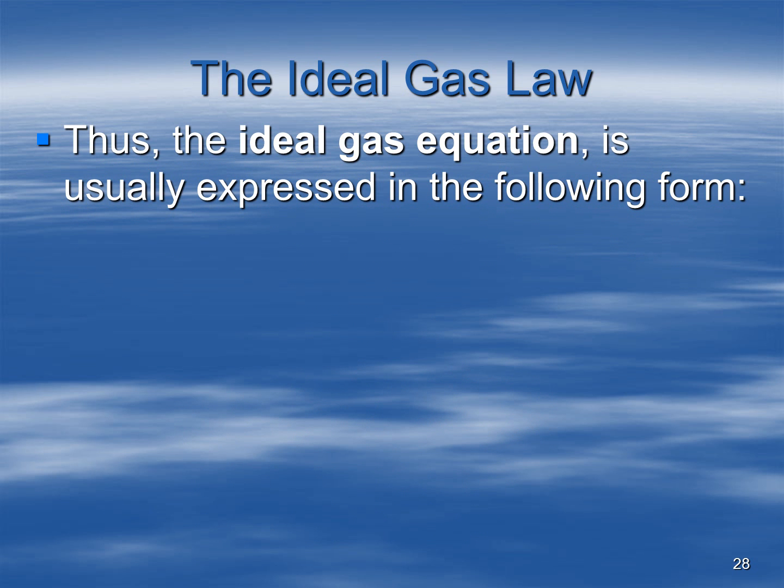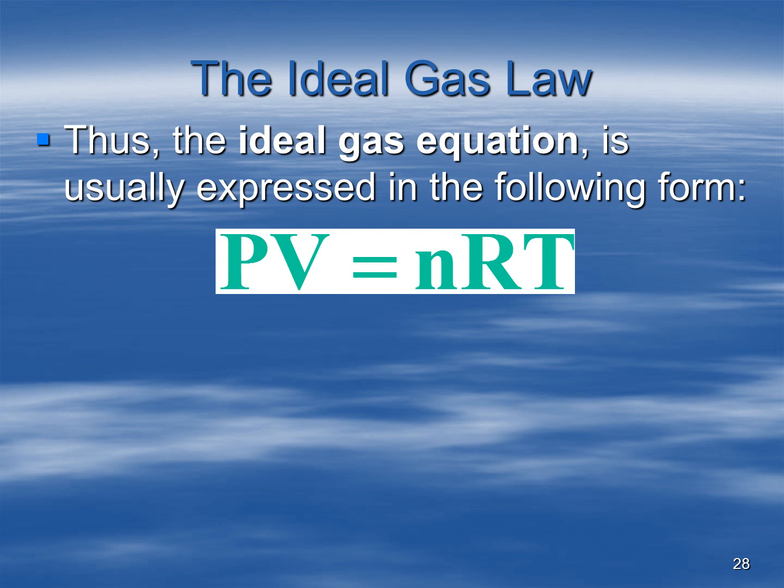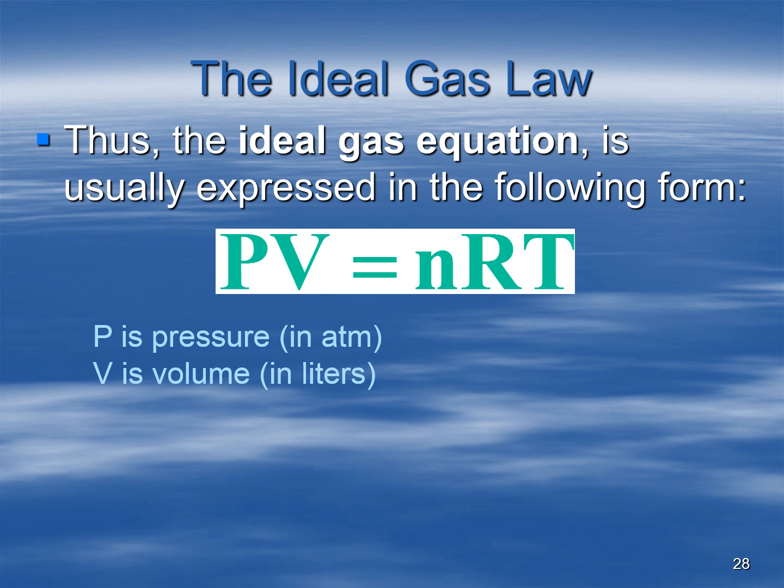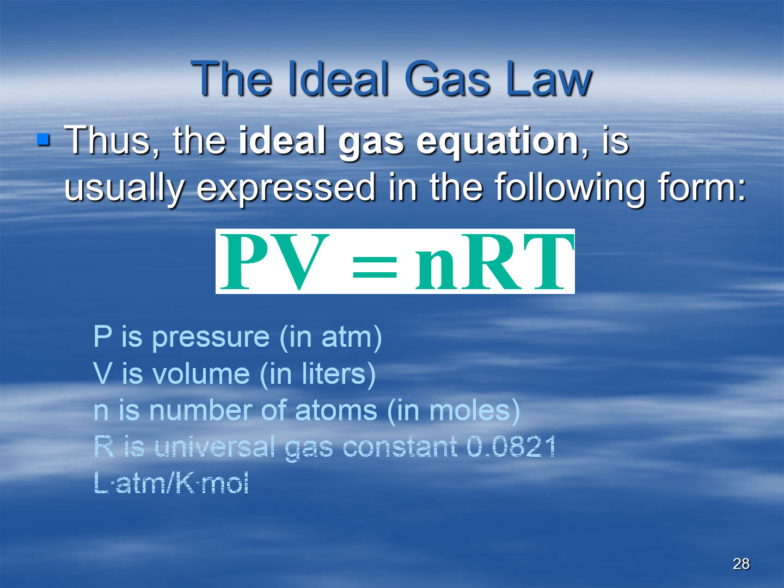Okay, so this gives us the gas law equation, PV equals nRT. Remember, the ideal gas law is made up of the other laws. Volume has to be in liters, pressure in atmospheres, and amount in moles, so that we can cancel units with the universal constant R, 0.0821 liters atmospheres per mole Kelvin.